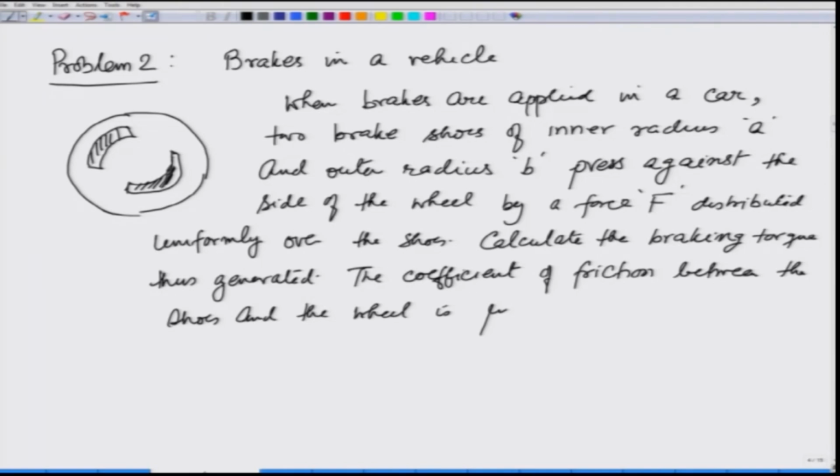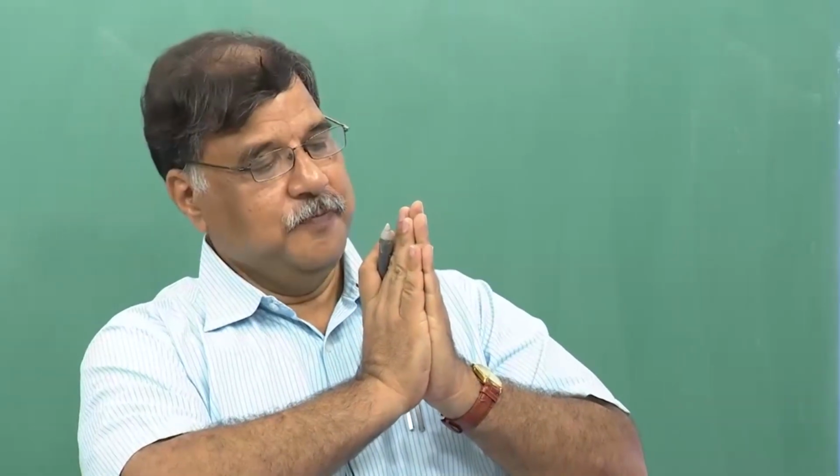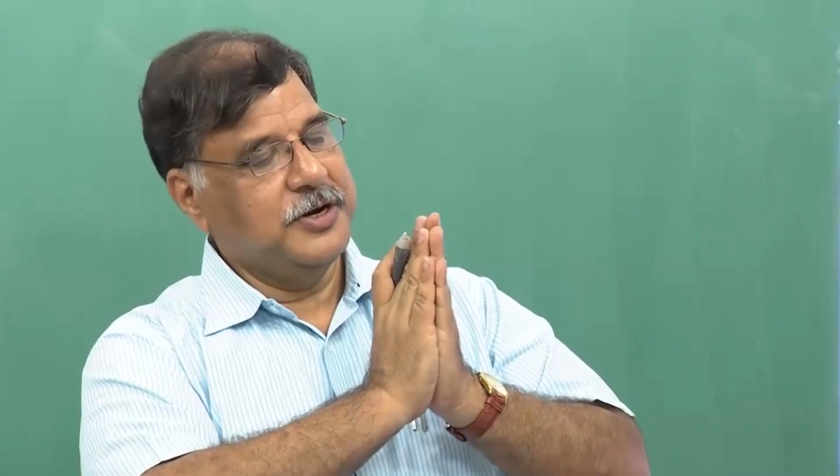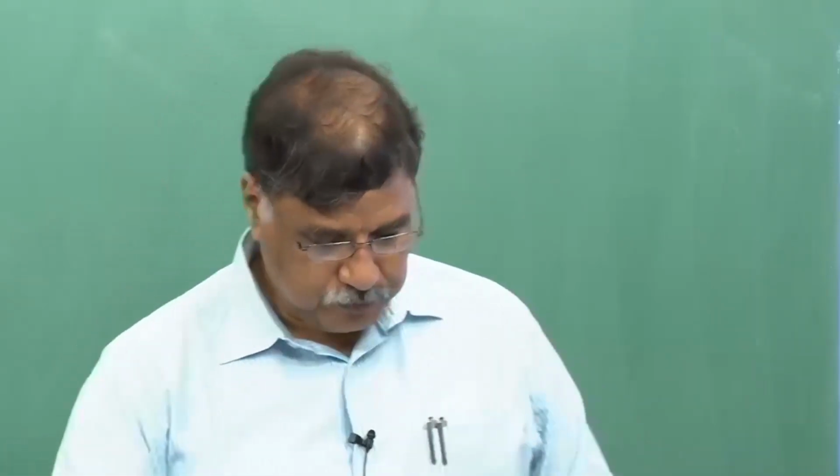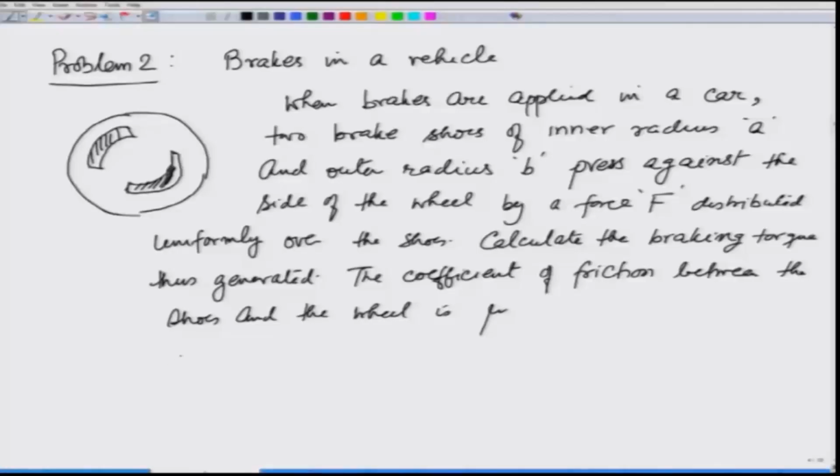This wheel is rotating and then we press it hard, and therefore, the frictional force that is generated creates a torque. Now, let us look at this. Here is the wheel, and let me just make the shoes like this.